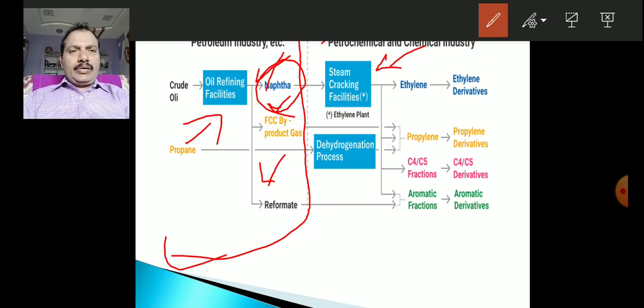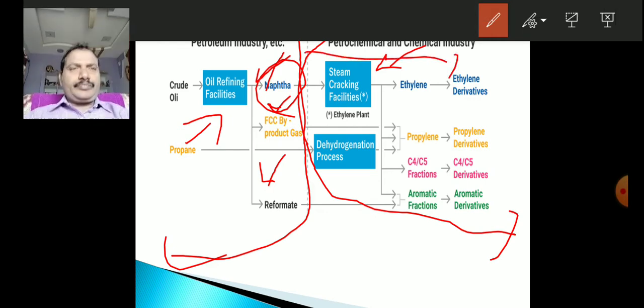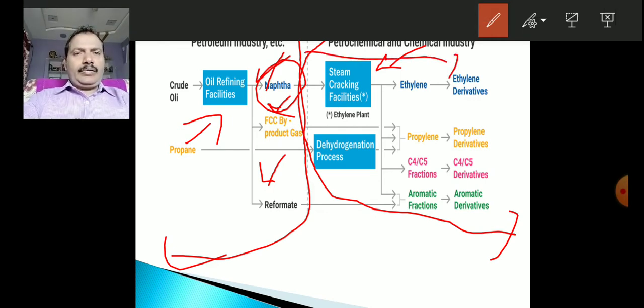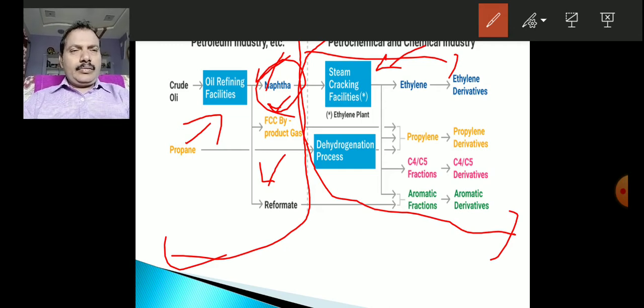This section is the petrochemical industry. The petrochemical industry involves steam cracking and dehydrogenation processes. So these are the facilities of the petrochemical plant.